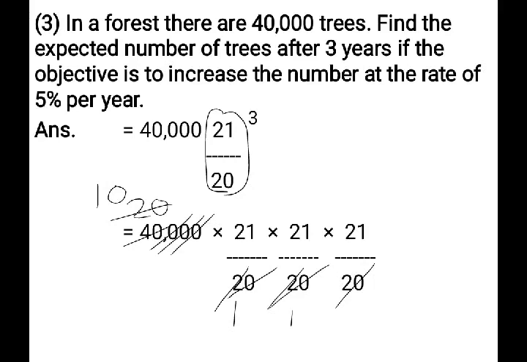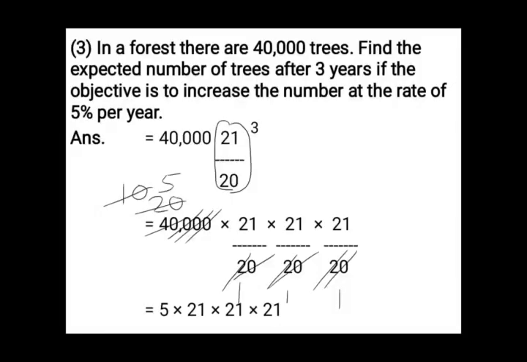That is 2 ones are 2, 2 fives are 10. After finishing the cancellation, now you have to write this in multiplication form. That is 5 into 21 into 21 into 21. First you have to multiply 21 cube and then multiply by 5. So this 5 you have to write as it is.